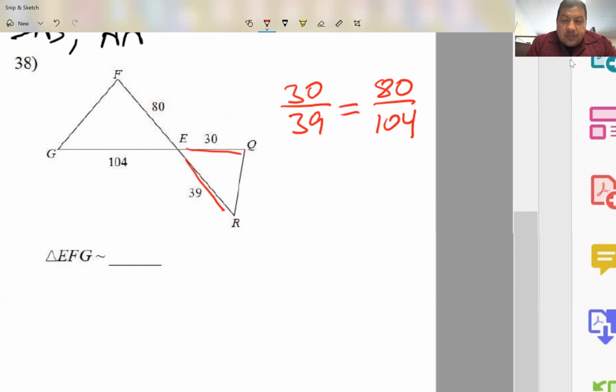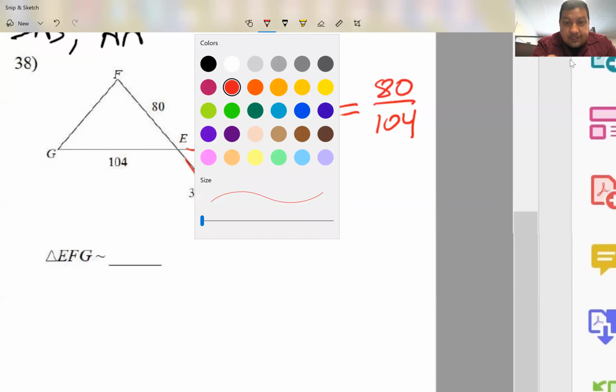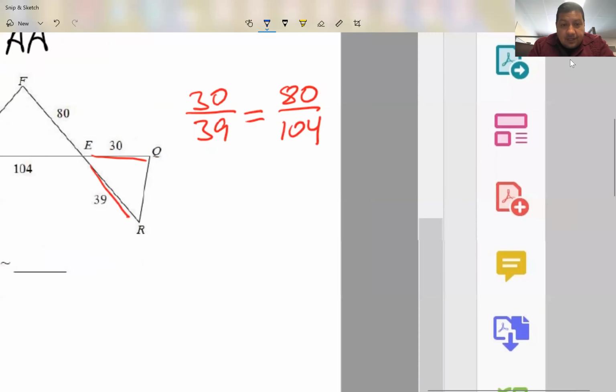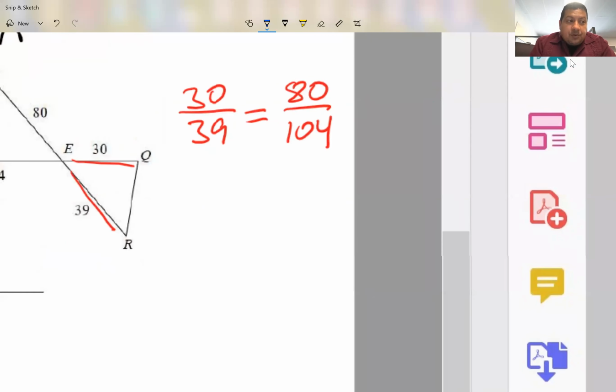Now, there are two ways we can check if these two are proportional. One, simplify the fractions. I see on the left, I will divide each by 3 and see if I can simplify. They will be proportional if my fractions simplify to the same thing. Now, what if I don't like to simplify?